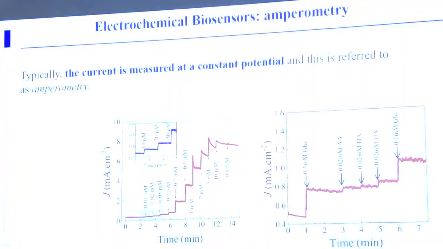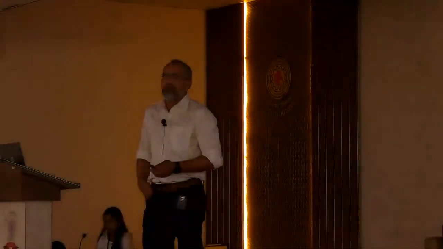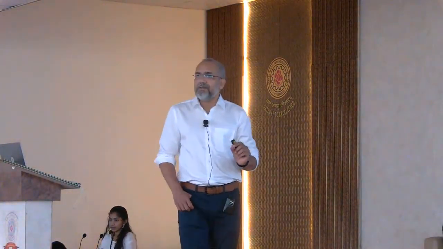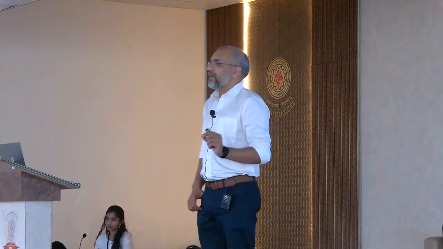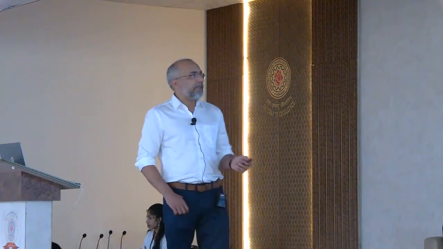The first category is amperometry. In amperometry, we keep the potential constant, only one potential, run the experiment and record the signal with respect to time. So it is current versus time.